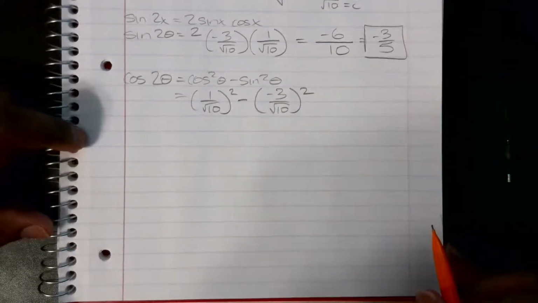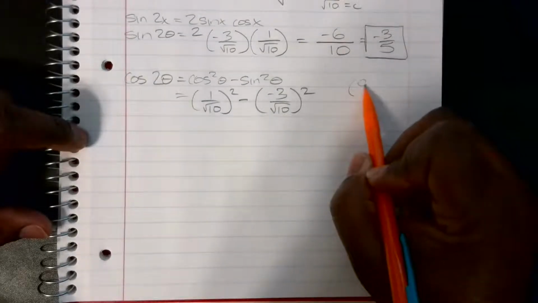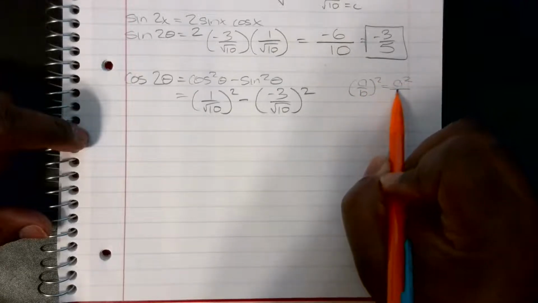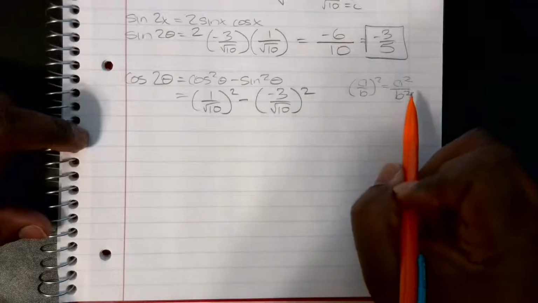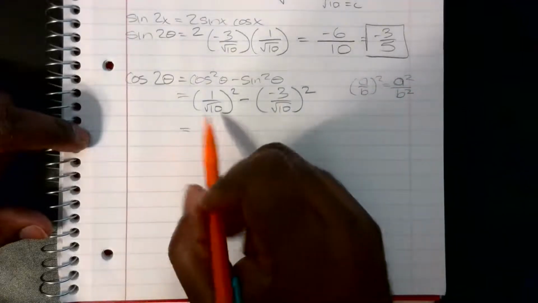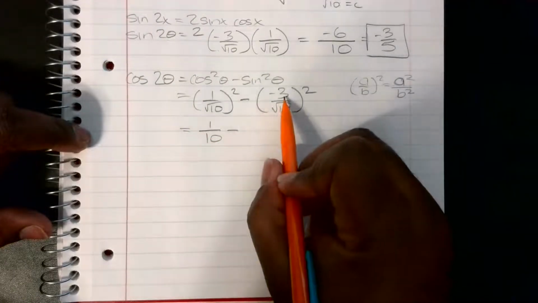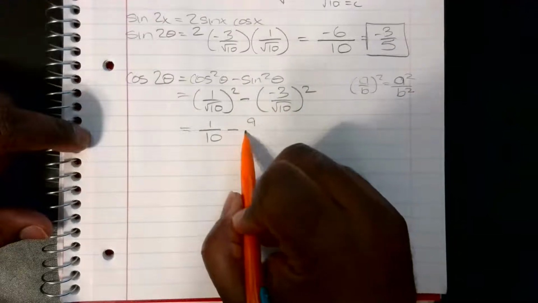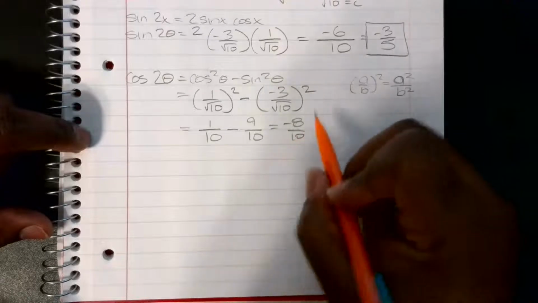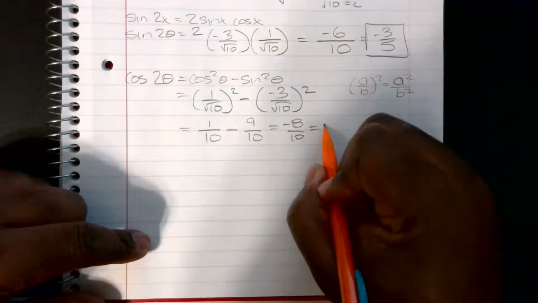I still feel like I'm going fast, but just tell me if I am. So in this case, this gives us 1 over 10 minus negative 3 squared, which is 9 over 10, which is equal to negative 8 over 10, which is equal to negative 4 over 5.